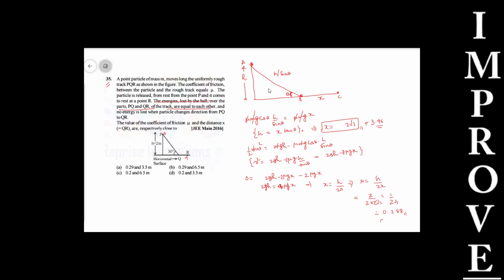Why? Because the maximum friction force, nu mg cos theta, is going to act, and this distance, if this is h and this is theta, is going to be h by sin theta.